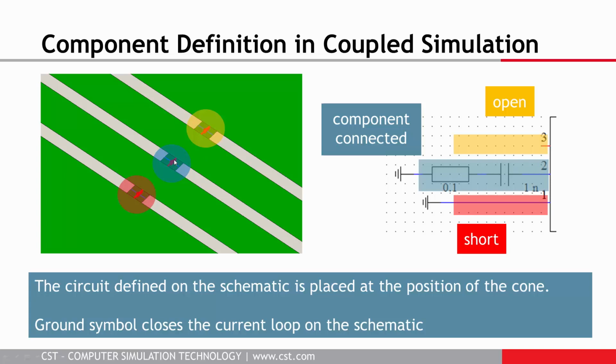So this red cone is the position of the port, and what is placed in between here and the ground symbol, this is what has been placed into this cone.